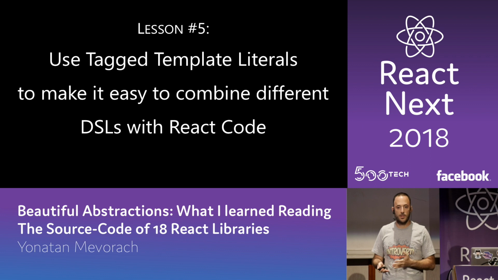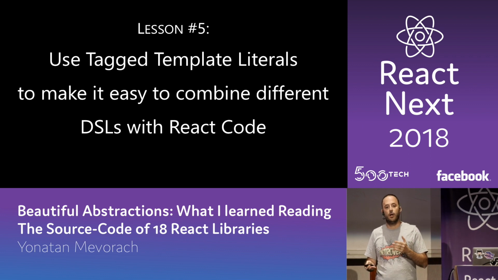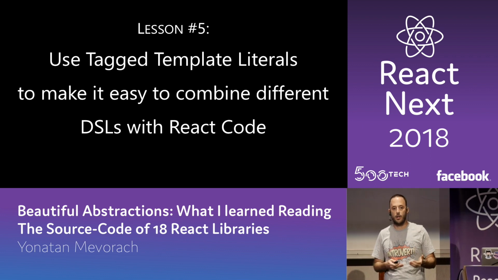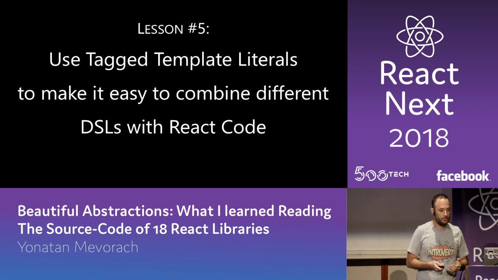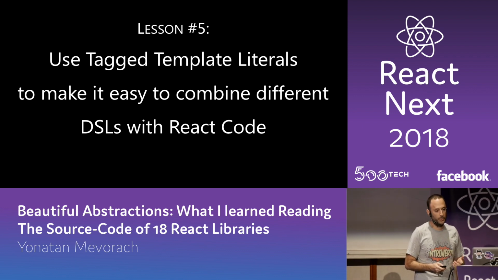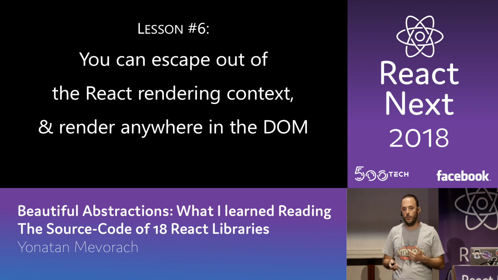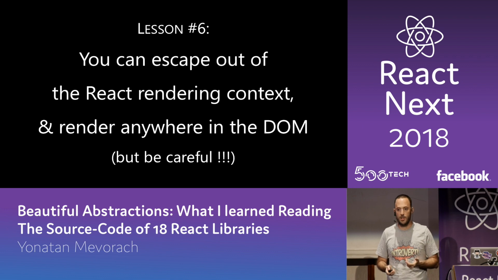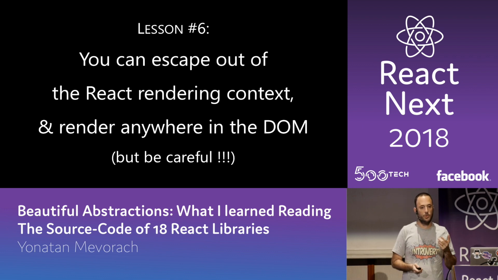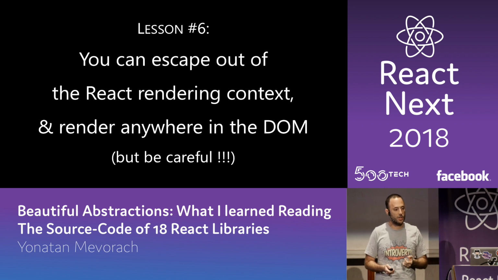Apollo Client uses this for integrating GraphQL queries inside your JavaScript as well. So if that's the case, it's a powerful tool to have. And also remember that you can escape out of the React rendering context, but like I said, do this with a bit of caution, because you need to realize that you're assuming the responsibility for how this component is actually going to be used.